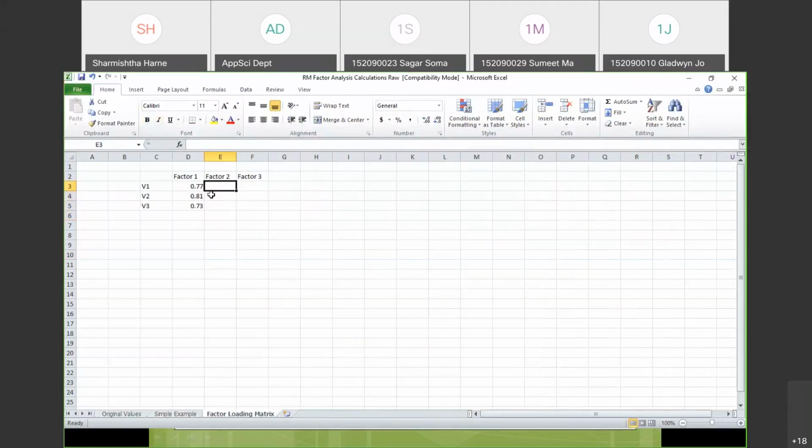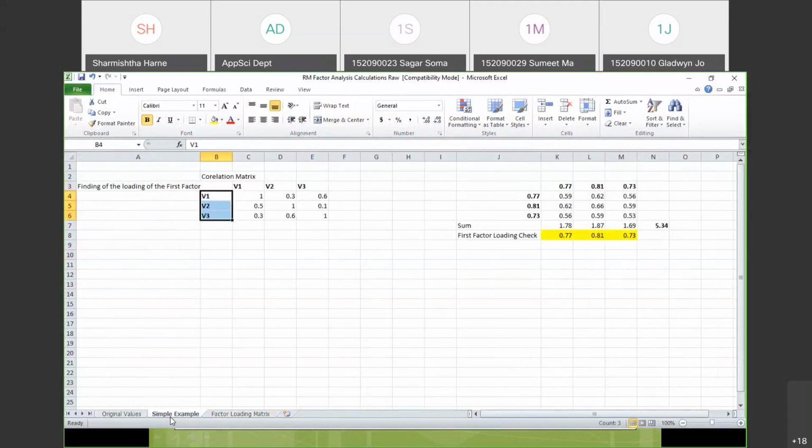Okay, so this is the loadings of first factor. Now we proceed further. How do we find out the loadings of second factor is using these two matrices.